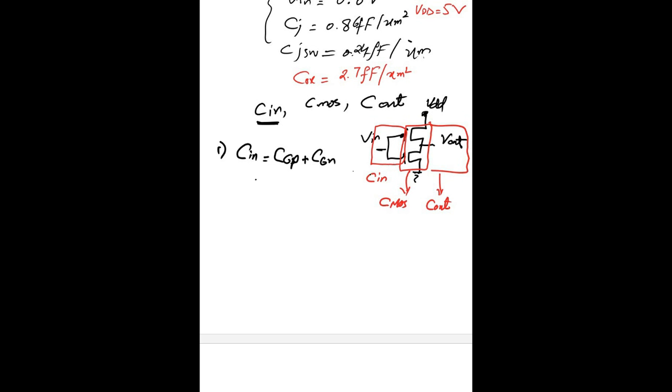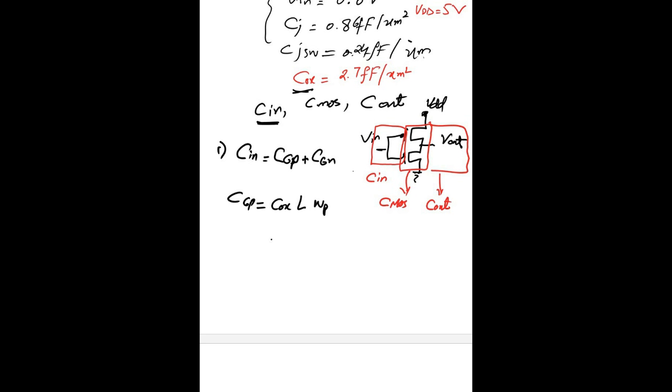And we know that this CGP is given by the formula C oxide L WP. We have all these quantities present here: the oxide capacitance, the length defined by our parameters, and then WP.